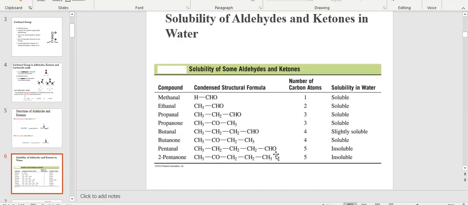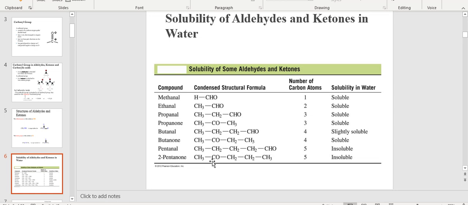But you'll see in and around 4 or 5, what happens is the insolubility of these non-polar carbons starts to take effect. And you see here what we've got. This is pentanal, okay, aldehyde with 5 carbons, and this is crazy polar, but it can't override the non-polarness of these guys here. And you have a look at 2-pentanone.